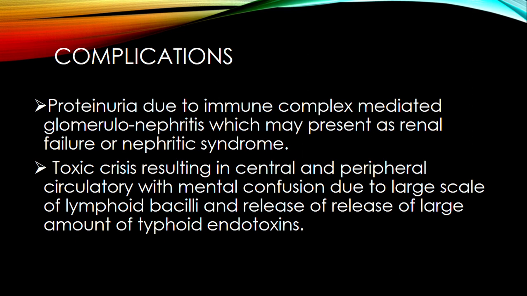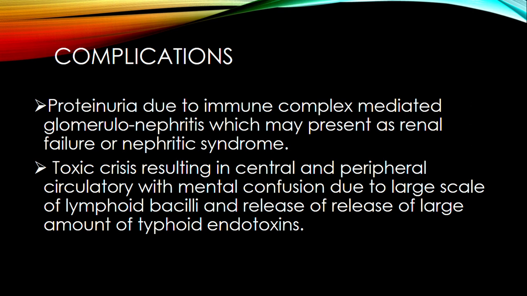So during the pathophysiology, we said the bacteria is in the blood, which is causing septicemia. Because it's moving all over the body, it can also go to the kidneys and cause glomerulonephritis, which can result in the kidneys not performing well, with infection and inflammation of the glomerulus in the kidney.